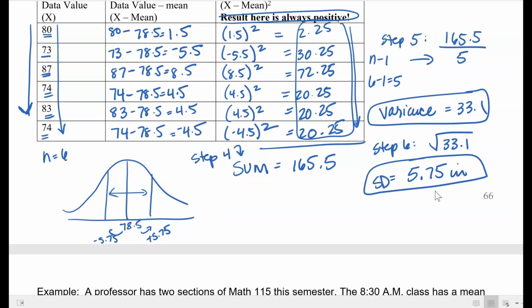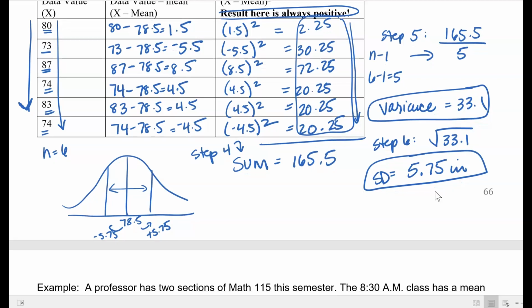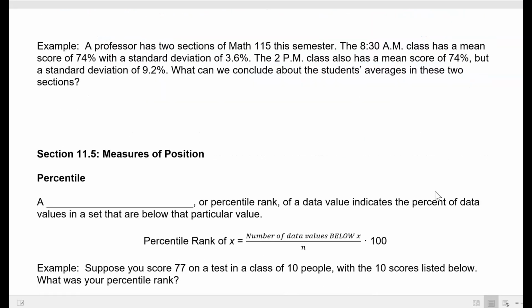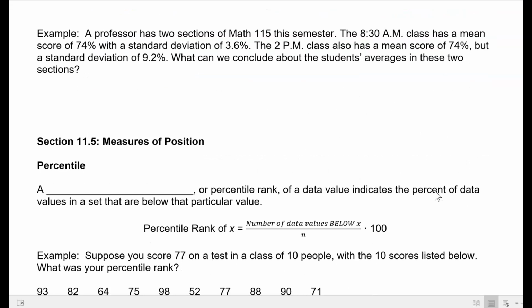I would say it's a fairly small standard deviation, so these players' heights are going to be relatively close to that 78.5 average, which is what you would expect with professional basketball players. You're not going to get a whole lot of variation there because most of them are going to be tall.